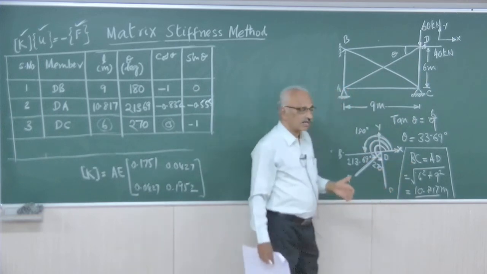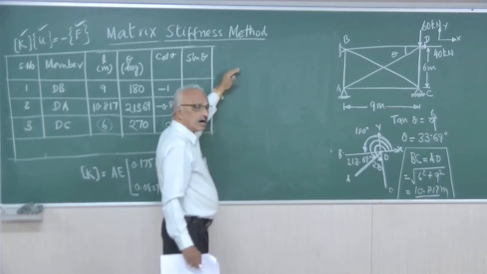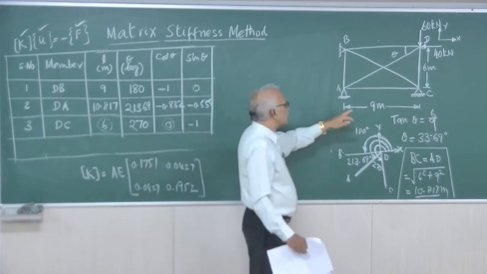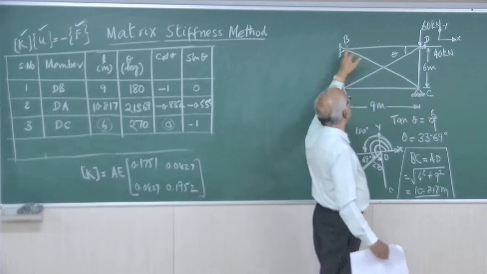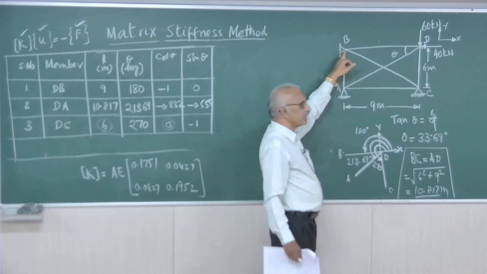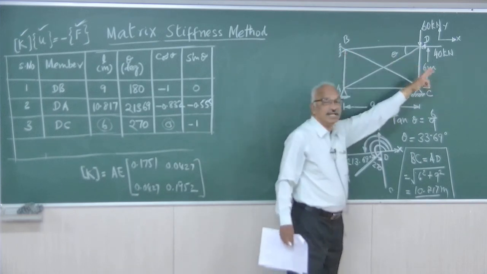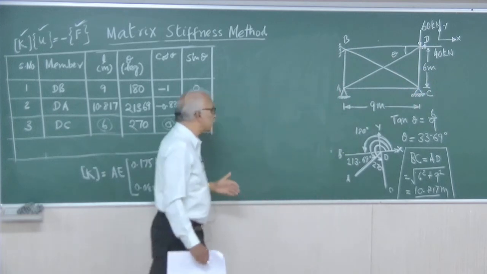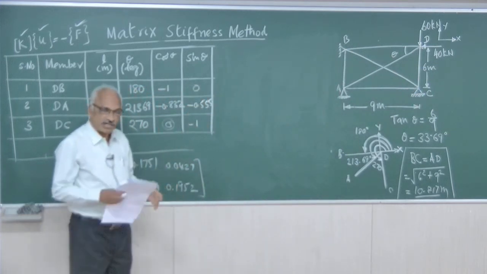Otherwise, we can do the calculations, but we cannot add all the values, because suppose if we take joint C, we will be dealing with CA, CB and CD. When we take up joint B, then we will take up BA, BC and BD. So, this addition will not be possible. You have to write down the equation for individual members.